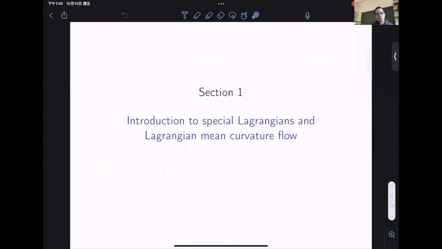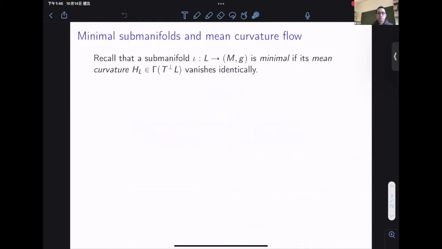So in the first part of this talk, I will give a brief introduction to special Lagrangians in Lagrangian mean curvature flow. So recall that a submanifold is minimal if its mean curvature vector vanishes identically.